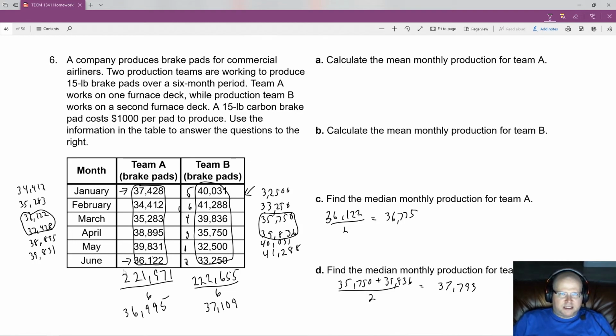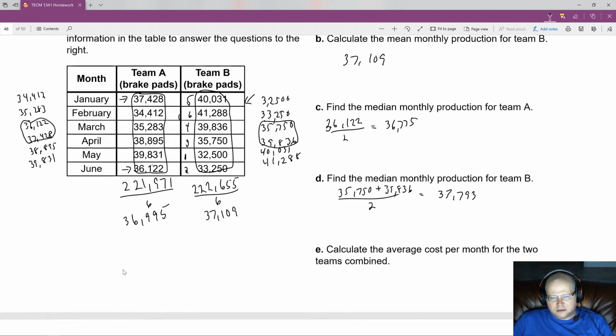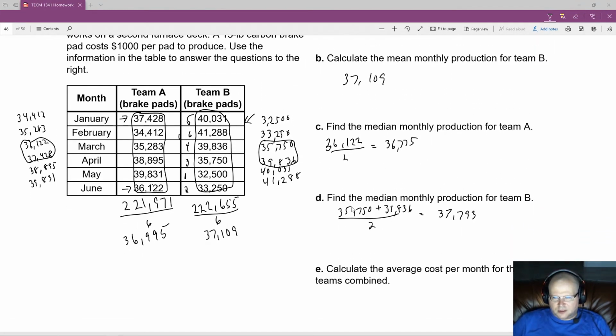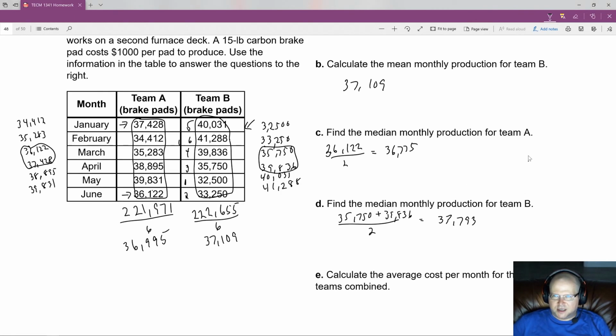Okay, so let me write the answers to the means up here. So this was 36,995 and this one over here was 37,109. I have one more question apparently. We want to calculate the average cost per month for the two teams combined. So what we need to do is we can either add all 12 numbers together and divide by 12, or we can just add the two averages together and then divide.